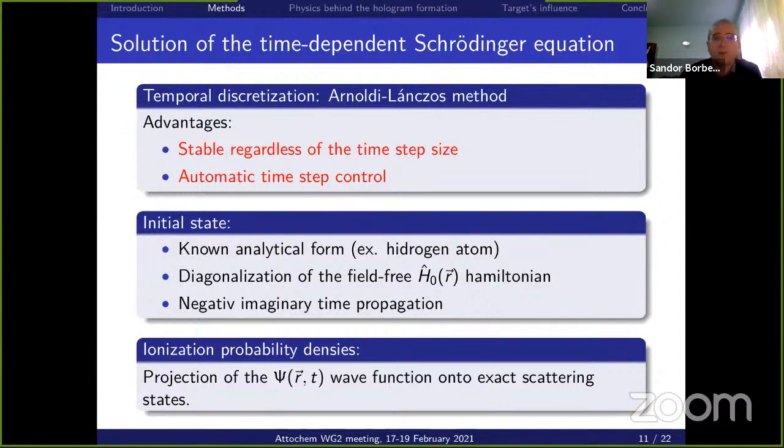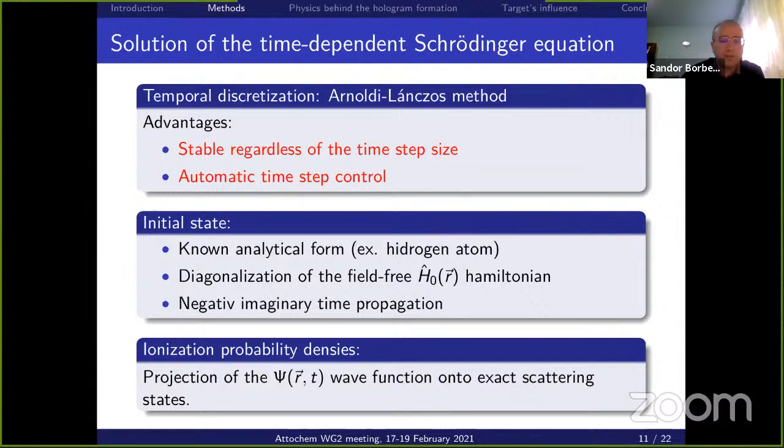For time propagation, we used the Arnoldi-Lanczos method, which is very convenient because it's stable regardless of the time step size, and you can very easily implement an automatic time step control. During our simulation, we need an initial state. In simple systems, as in the case of the hydrogen atom, it's known analytically.